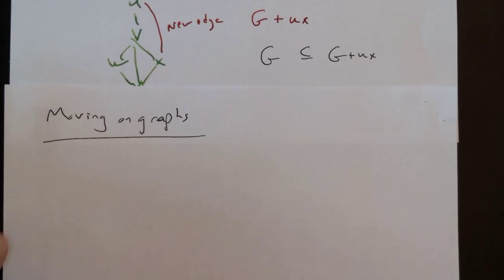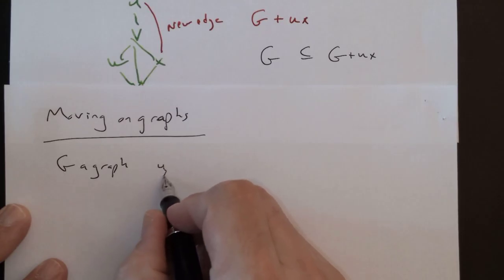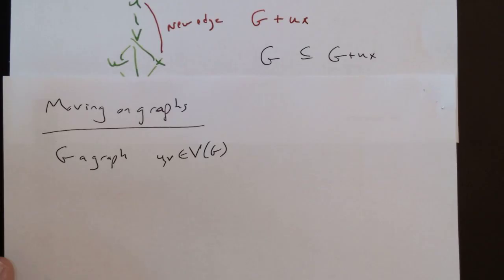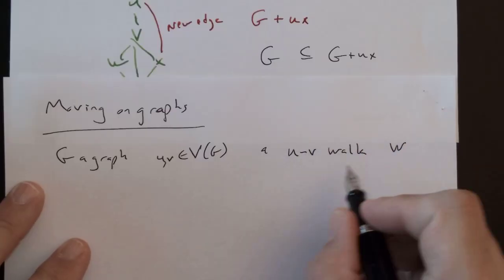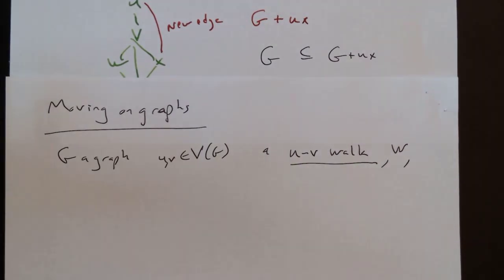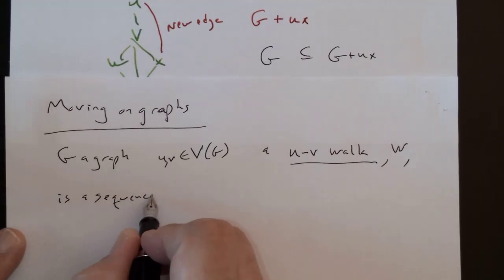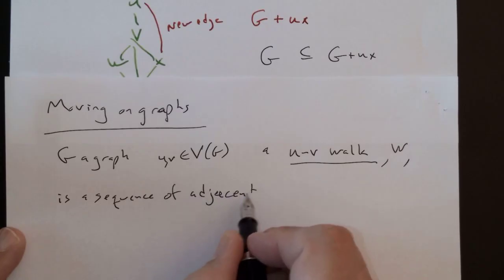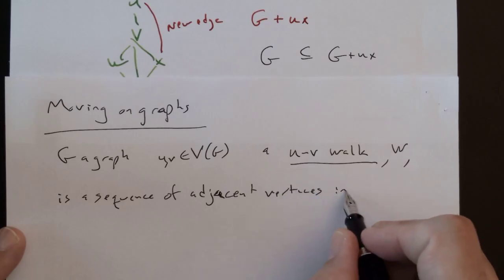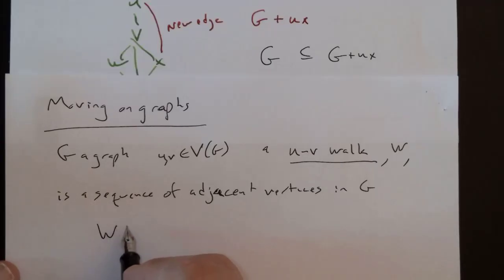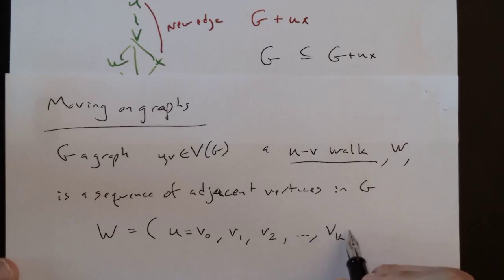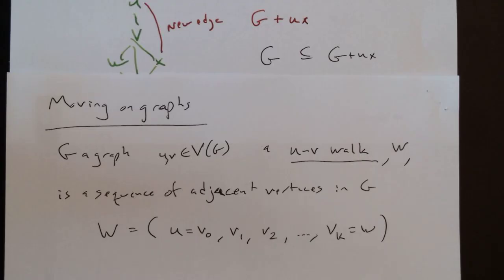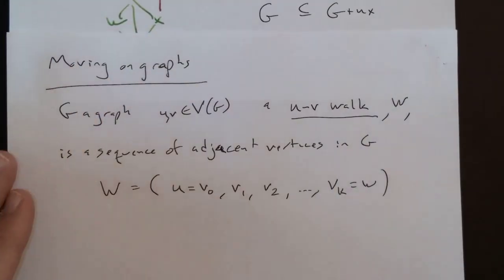If I have a graph and I have two vertices, U comma V in the vertex set of G, I am going to describe a walk from U to V as a sequence of adjacent vertices that starts at U and ends at V. The requirement here is that k is bigger than 0.